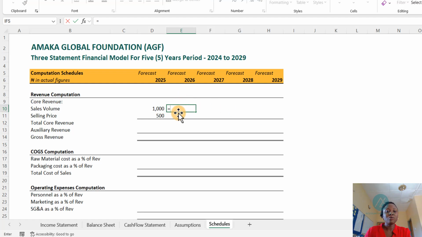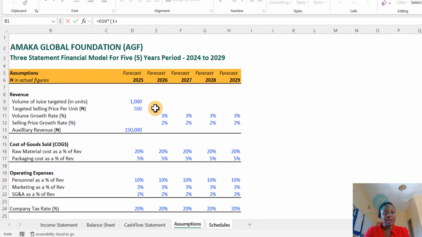So to do that, you select the cell, that's the previous sales volume times, you open the bracket, 1 plus the growth rate. And what is the growth rate? You go back to your assumption sheet. And remember, the growth rate is, always learn to use your keyboard, it's faster. So you now close the bracket. This is the growth rate for sales volume.